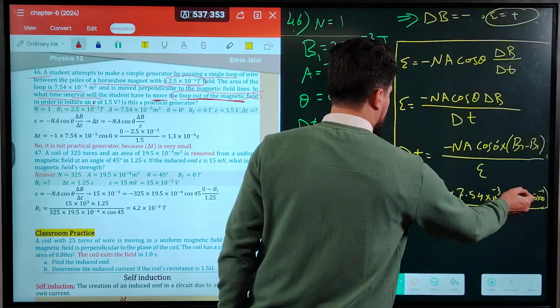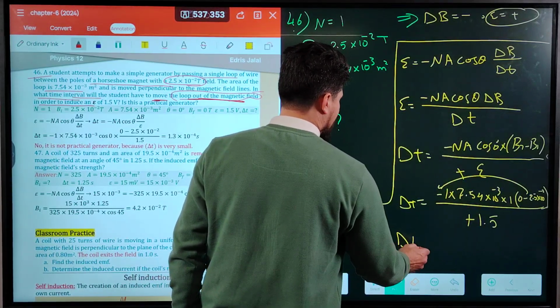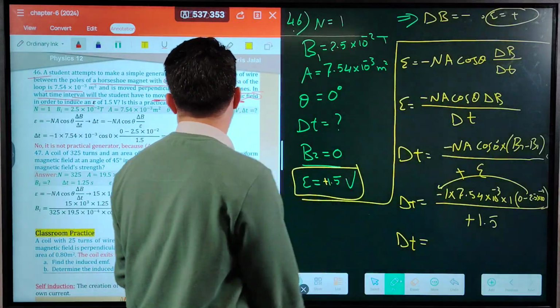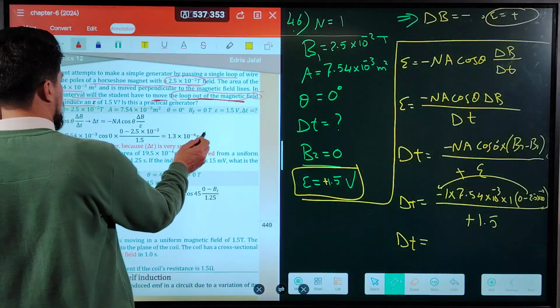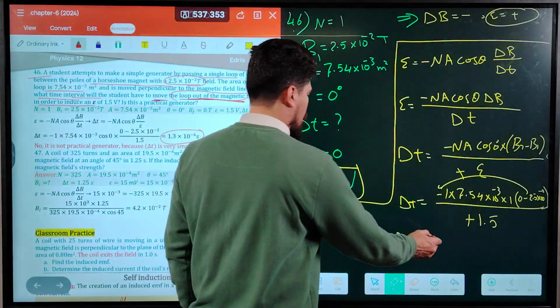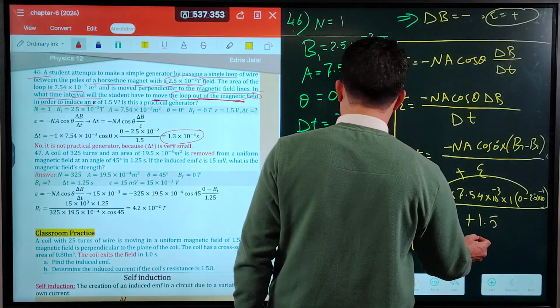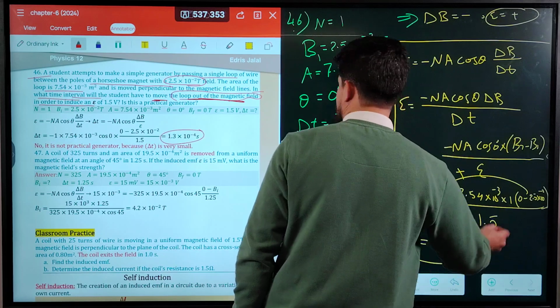Negative times negative is positive, positive divided by positive. Delta T is positive. Time must always be positive because it always moves forward, and it is equal to 1.3 times 10 power negative 4 seconds.